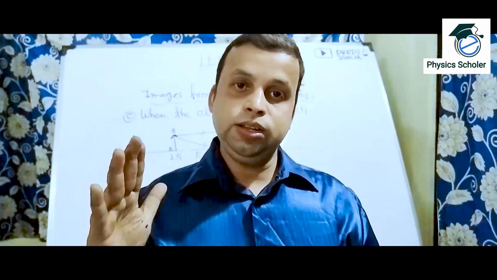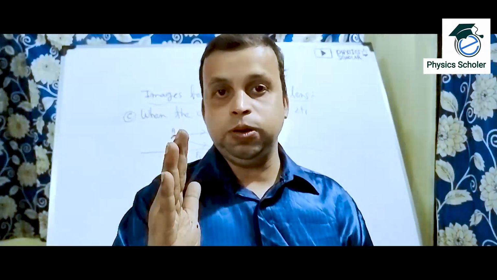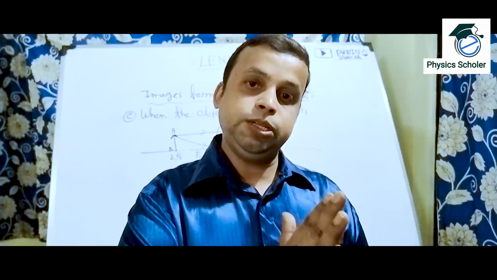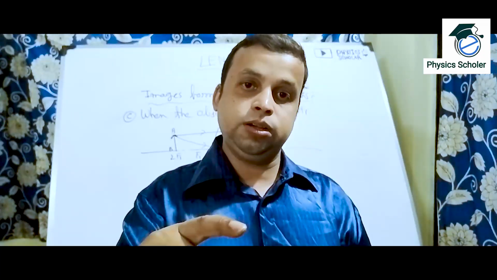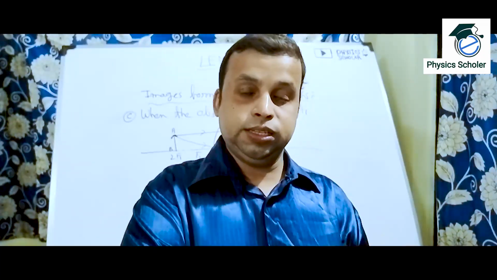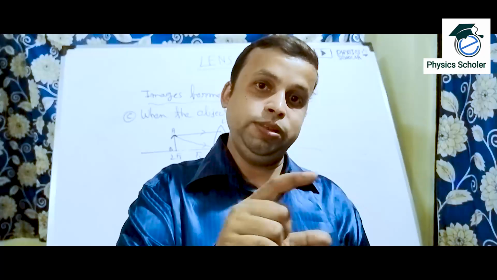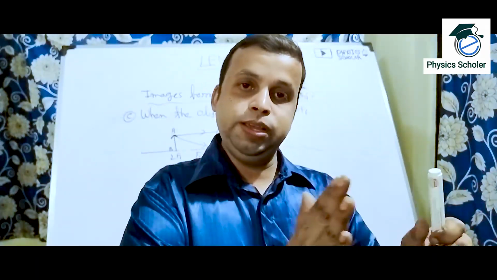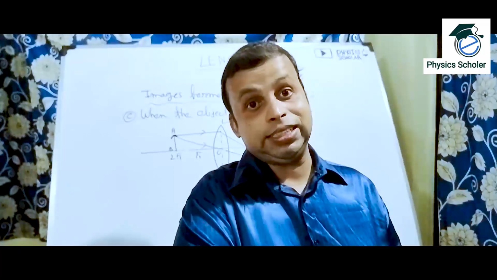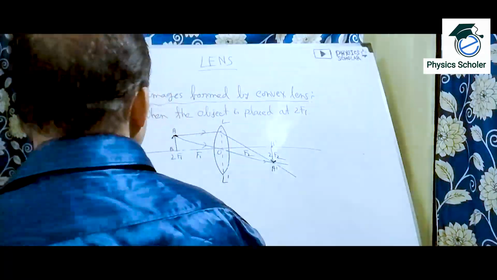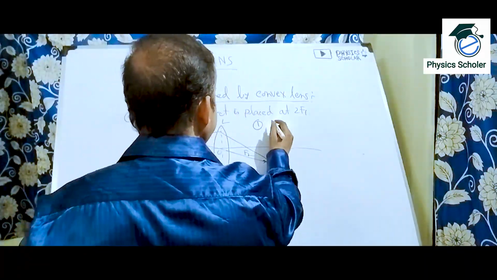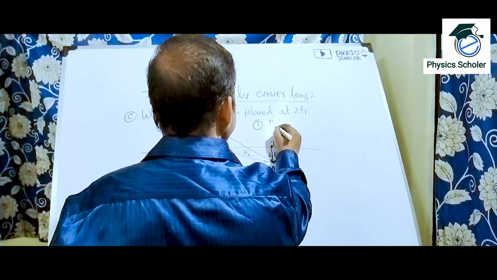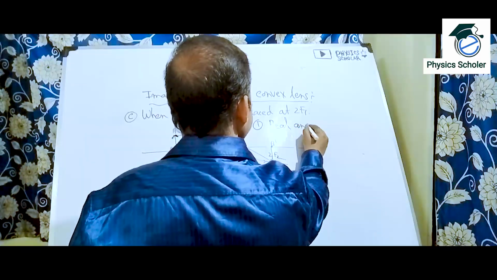Okay, so when the object is kept at the double focal length, then for the image formed by that particular convex lens, the size of the image will be the same as the size of the object, and the position of the image will be at double focal length on the other side of the lens. So what will happen now? The nature of the image will be real and inverted.